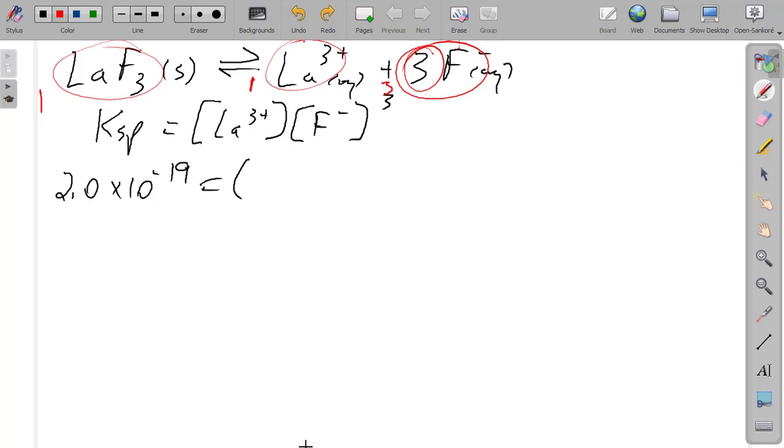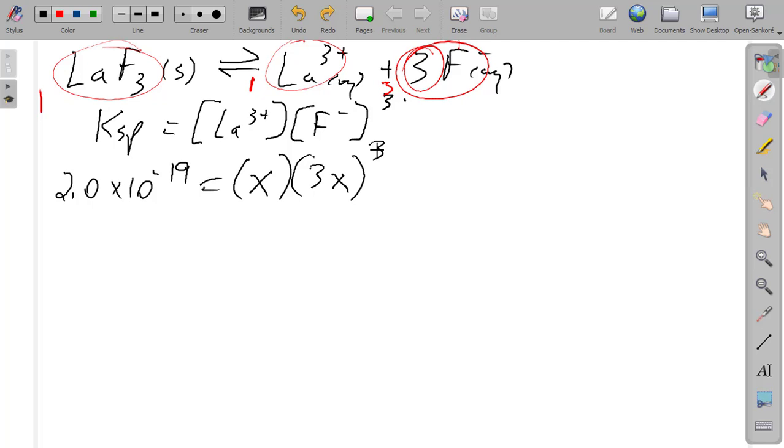And so we go back to algebra. The lanthanum is just going to be X because we don't know any numbers associated with it, but it's 1-to-1 with the salt, so it's just X. But the interesting thing is then the fluoride is 3-to-1, so that's going to be 3X, and because that coefficient of 3 is out there, we have the exponent of 3.